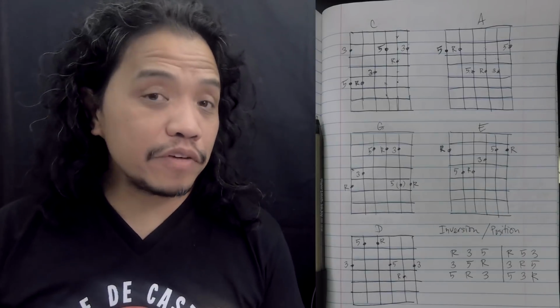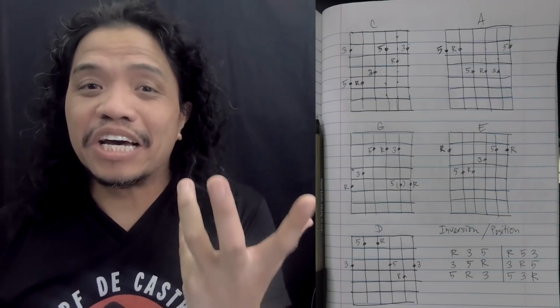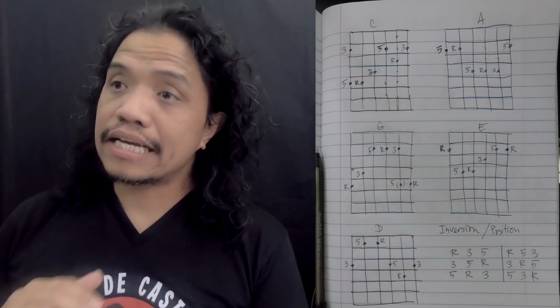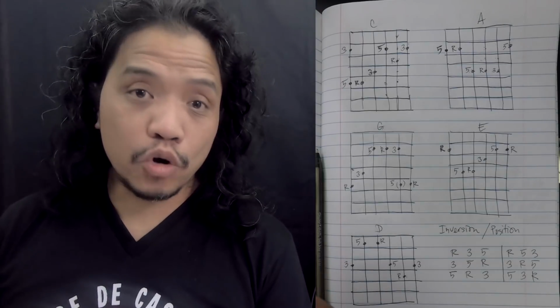Plus, some intervals require difficult or even impossible stretches to play them. So we're going to have to sacrifice some of the fundamental chord tones to make room for the chord extensions.